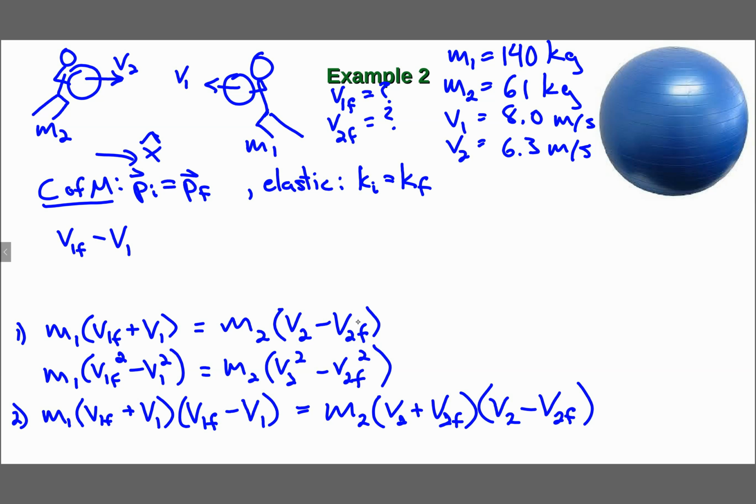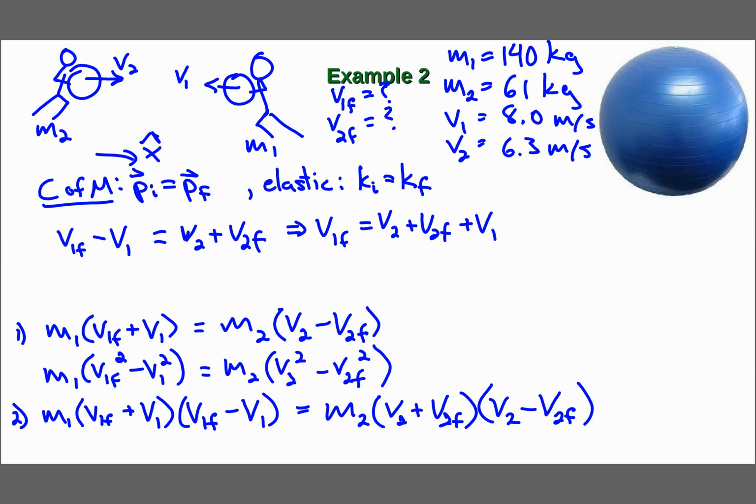And then I do the same thing to the right side, and I get a very similar kind of cancellation, but now I cancel the difference on that side, and what I end up with is v2 plus v2f. And then that tells me that v1f equals v2 plus v2f plus v1. Okay?